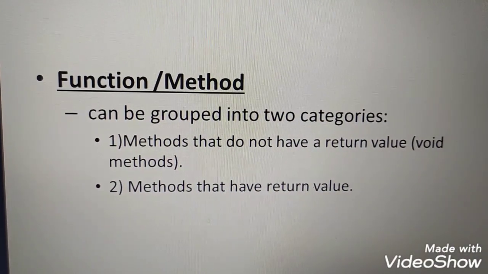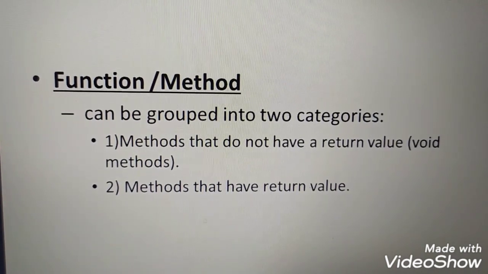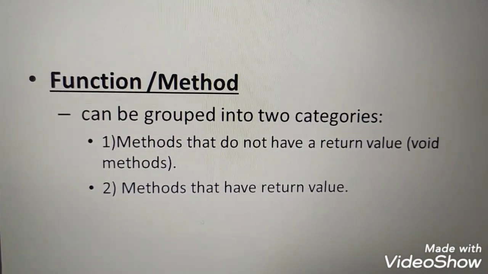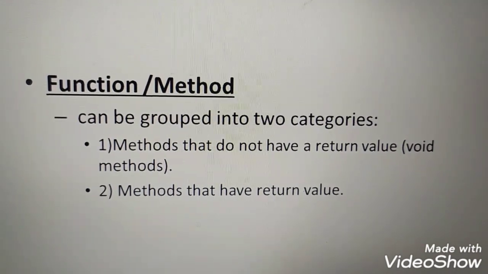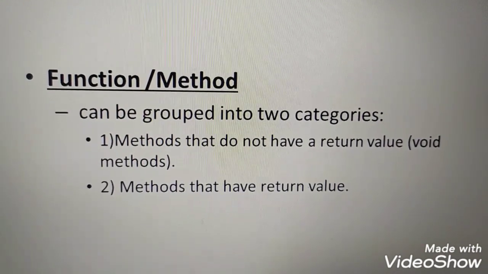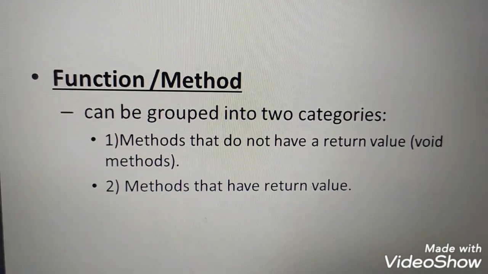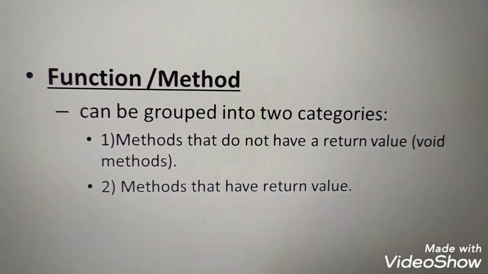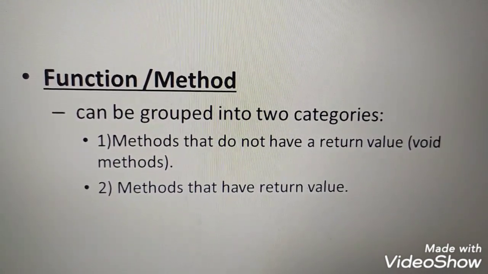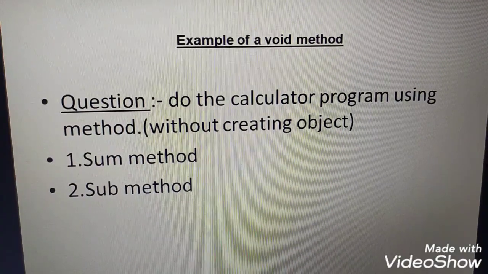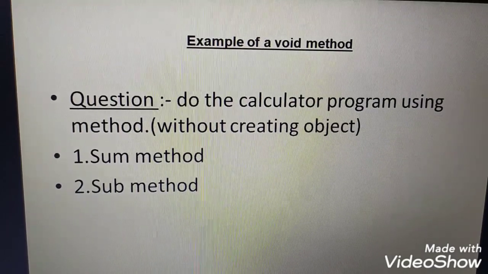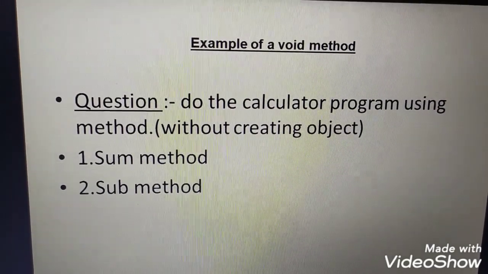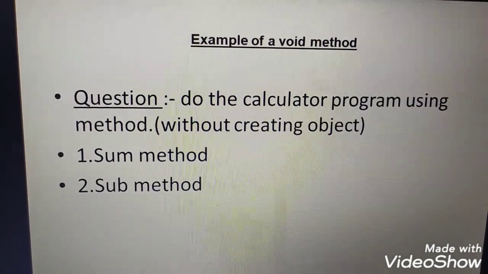Before going to the example, you just see the functions or methods grouped into two categories. That is, a method which does not have a return value, that is called a void method, and a method that has a return value. But in this session I am explaining the method that does not have a return value. The example of this method, which is called a void method, is a calculator program.